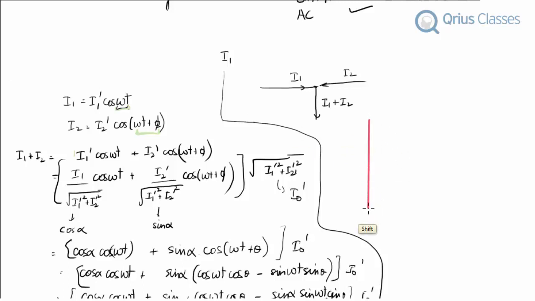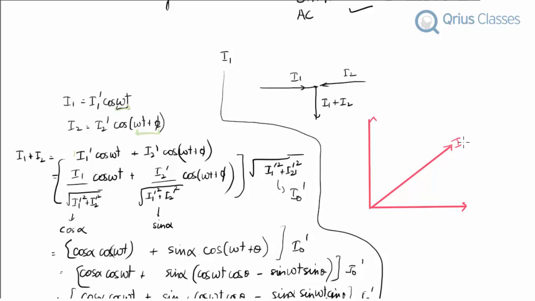I1 dash, if it is in this direction, this is I1 dash, this is I1, and let us say I2 is also... The phase difference between I1 and I2 is clearly visible: I1 has a phase of omega t, I2 has omega t plus phi.